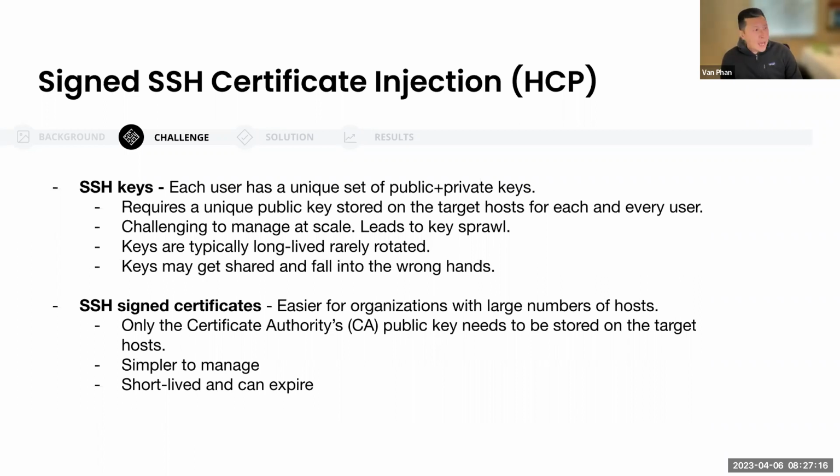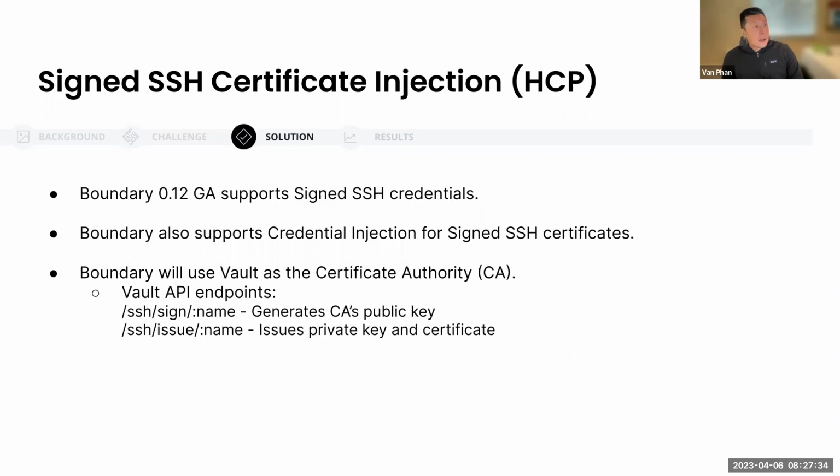It's a lot simpler to manage. There's very limited key sprawl. And the credentials given to each user are short-lived and expire. So it's a lot easier and more secure for many organizations. So we're happy to say that in the latest Boundary .12 release, we support signed SSH certificates.